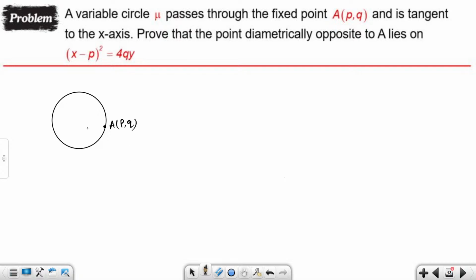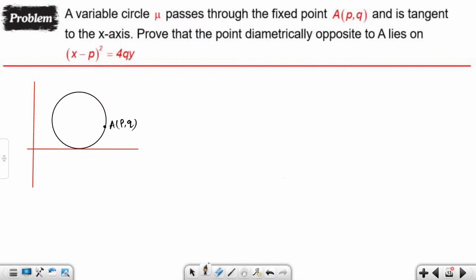Now, it's a variable circle, as I have just shown you. Now, they have said it is tangent to the x-axis. That is, it is touching the x-axis. And it has not been said where the y-axis is, so let us just assume this is my y-axis.